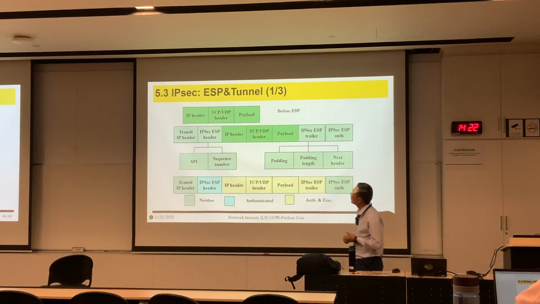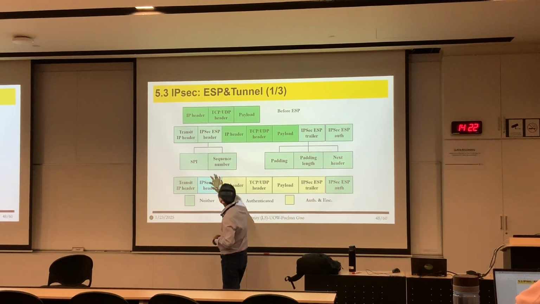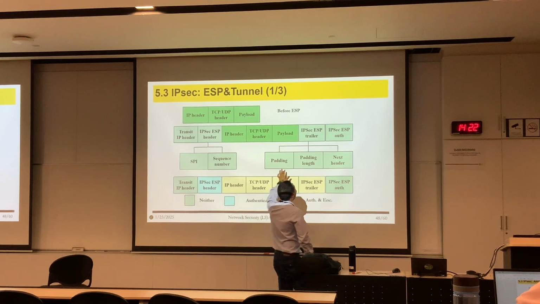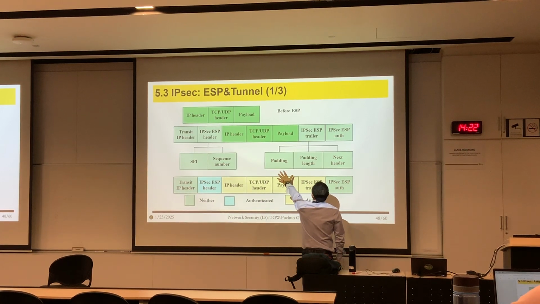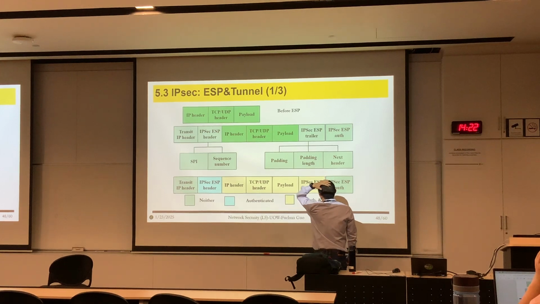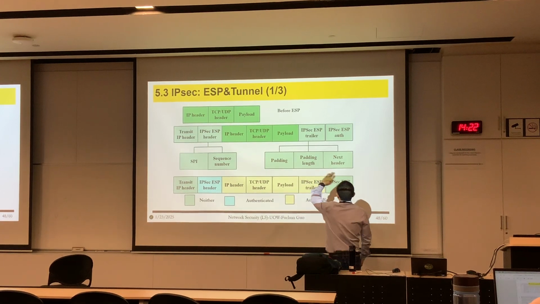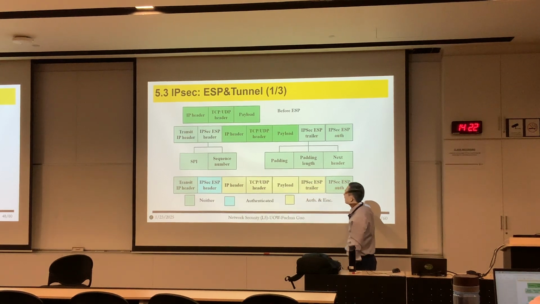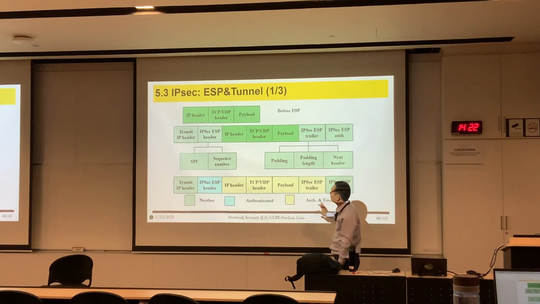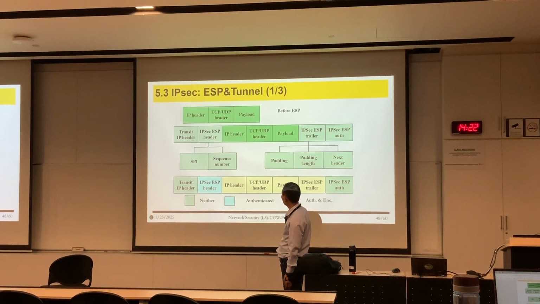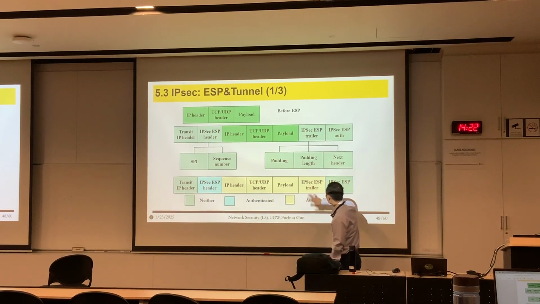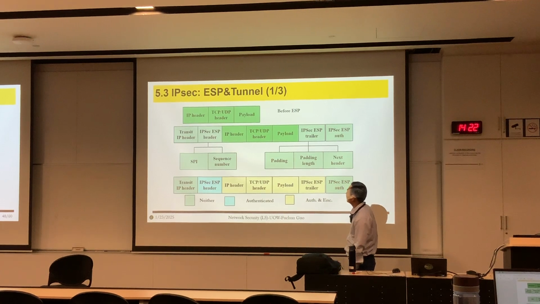And inside this header, you will have two fields, SPI and sequence number, and the trailer will also have other fields: padding, pad length, and also the next header. And the reason for this design is that the yellow part will be encrypted and cannot be seen.